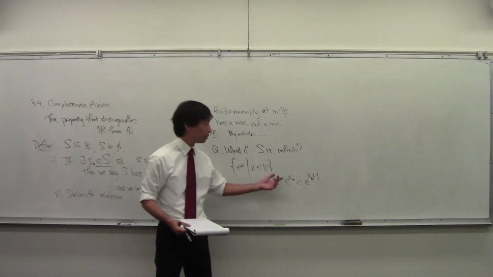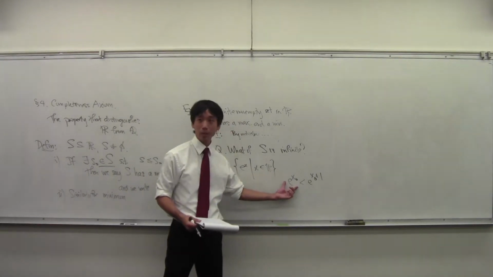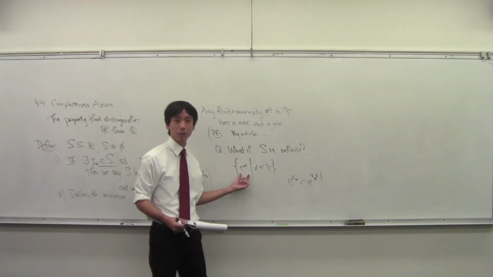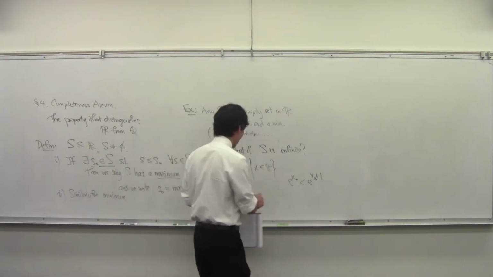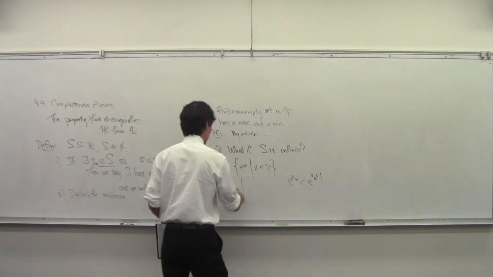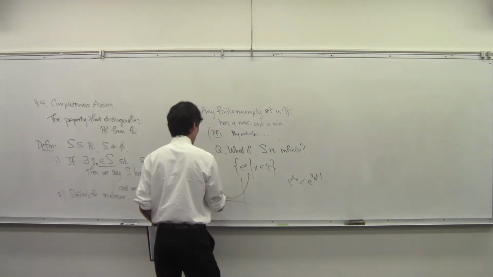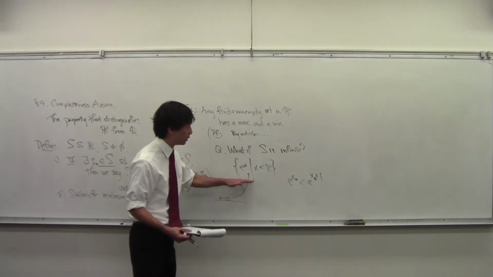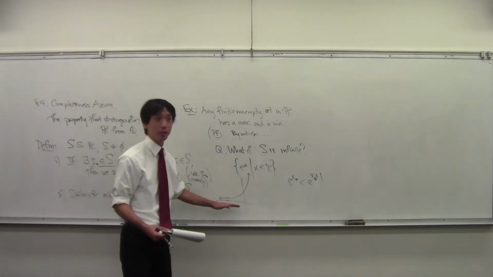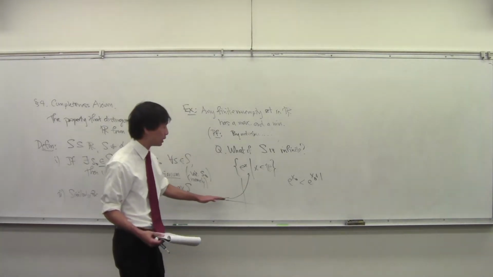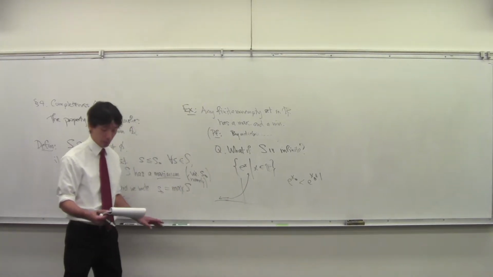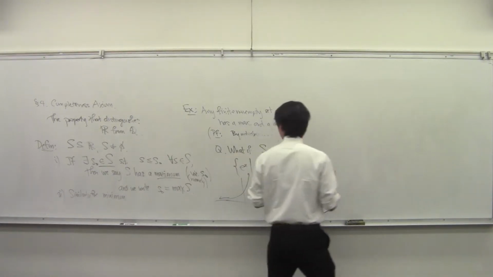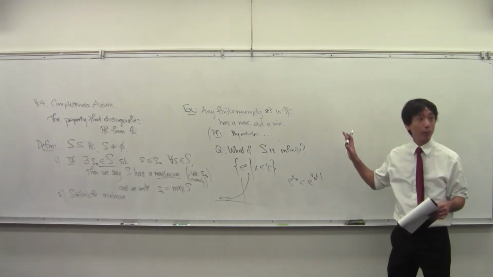There's no element of the range of this function that's a maximum. You see that in the picture as well. The graph looks like this. No output is highest, and no output is smallest either. There's no smallest element. So this is a very simple idea, maximum and minimum.